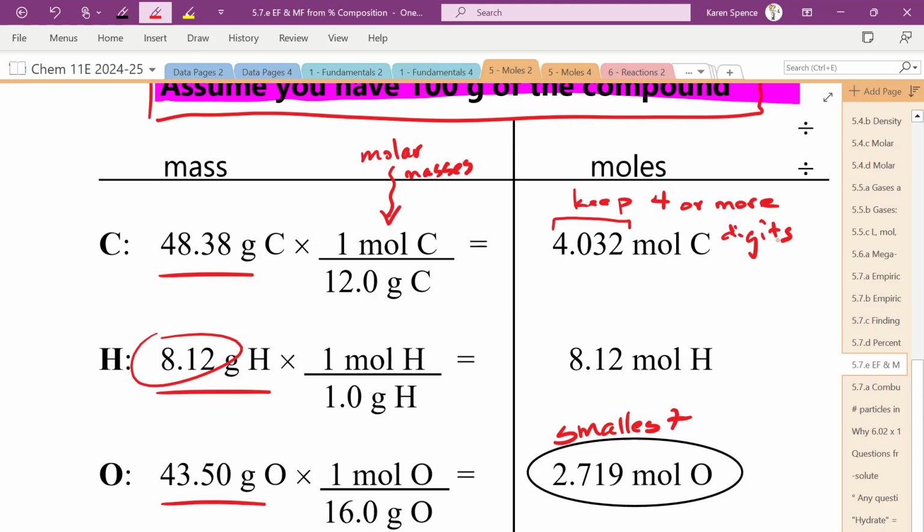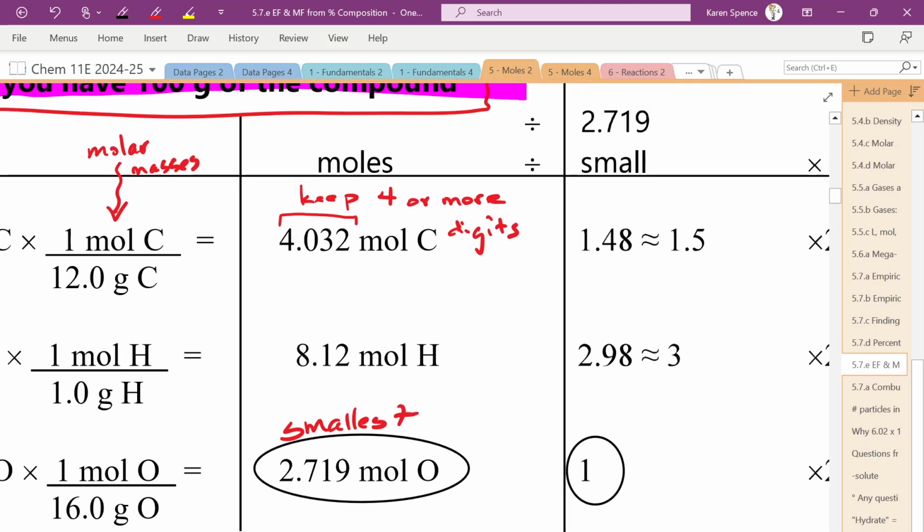It won't give you numbers like 1.15, and you're like, what the heck is that, 15 hundredths? They're going to be either 1/2 or a quarter or a third, 2/3, 3/4. So if you keep enough digits, you won't end up with weird numbers that don't look like actual fractions. Okay? So keep 4 digits.